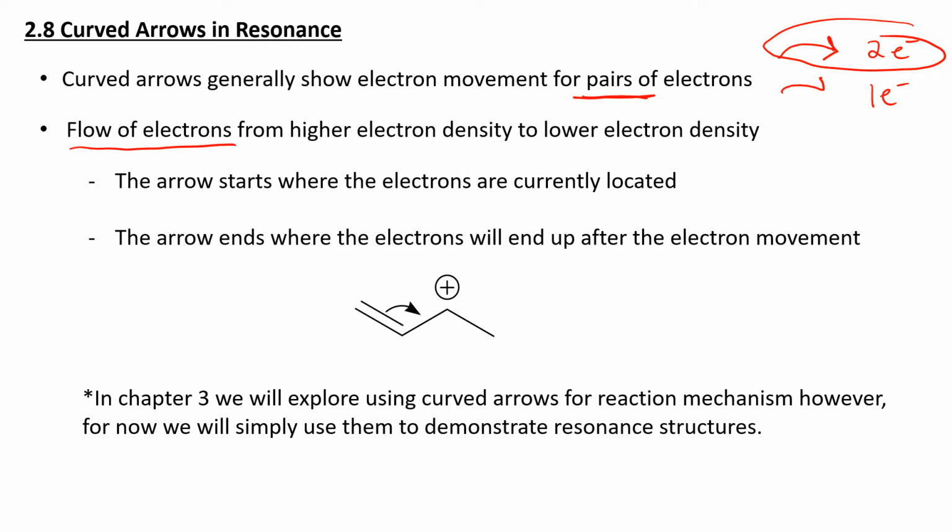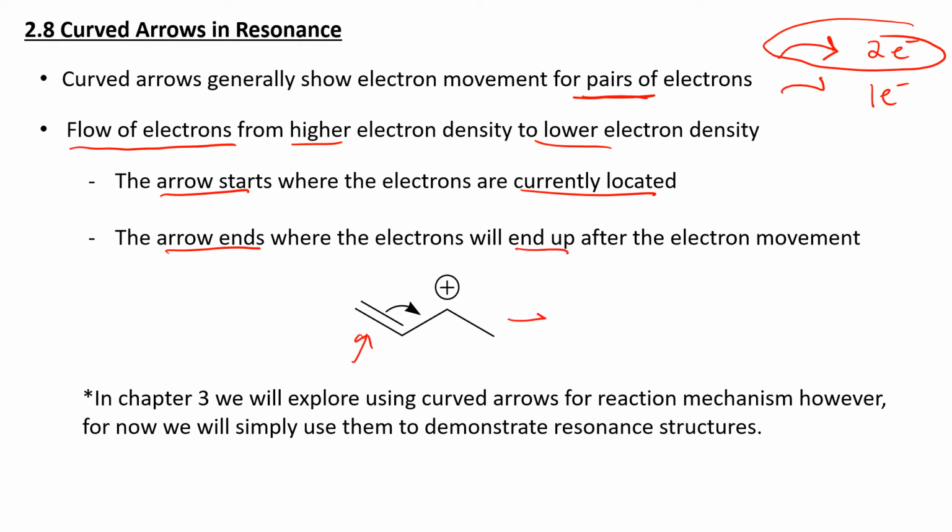Electrons always flow from areas of higher electron density to areas of lower electron density. So, one way to think about it is they flow from the source to the sink. The source is where we have negative density. The sink is where we have an empty p orbital, or a place of low electron density. The arrow always starts where the electrons are currently located, in the pi bond, and the arrow points to where the electrons end up after the movement.